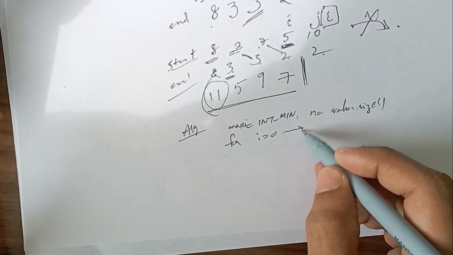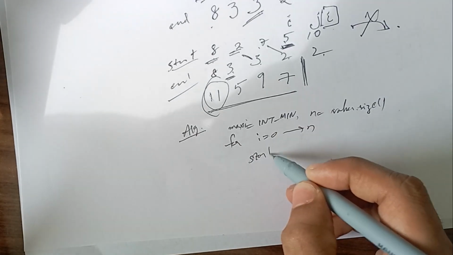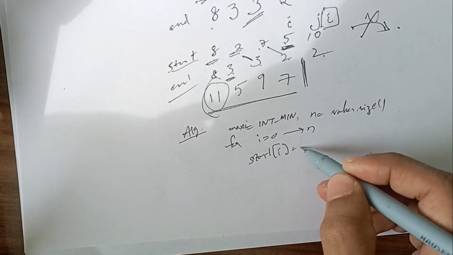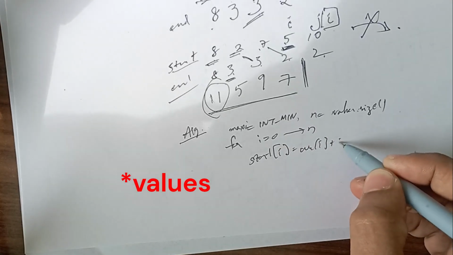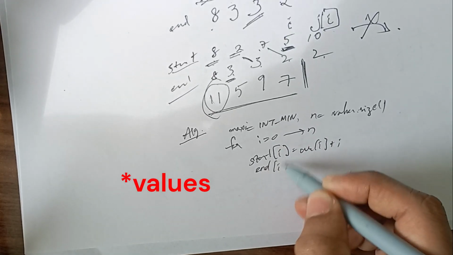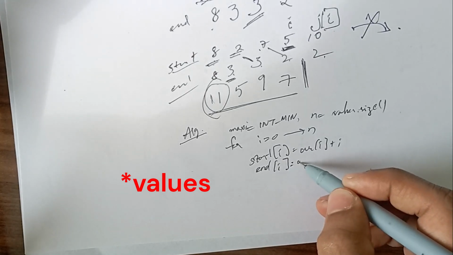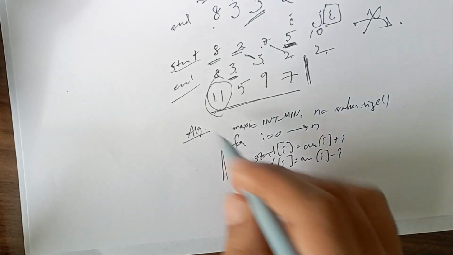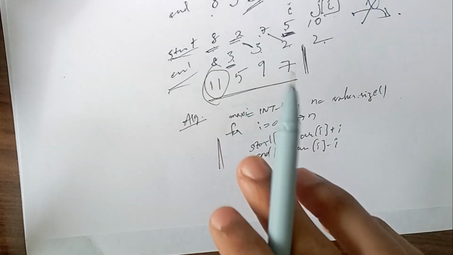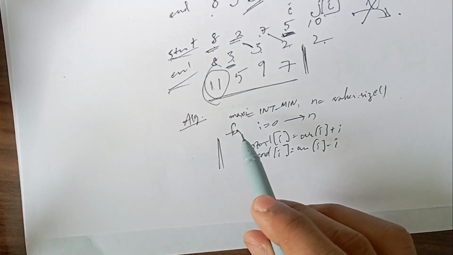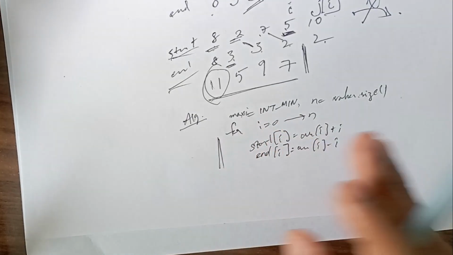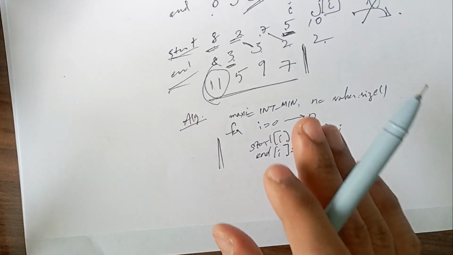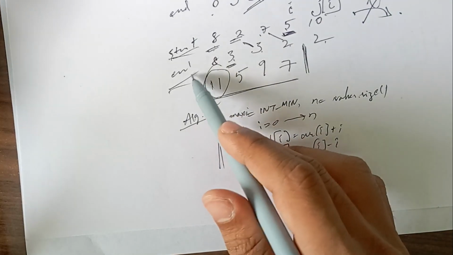For i equal to 0 to n, start of i will be array of i plus i. End of i will be array of i minus i. We have constructed this start and end.